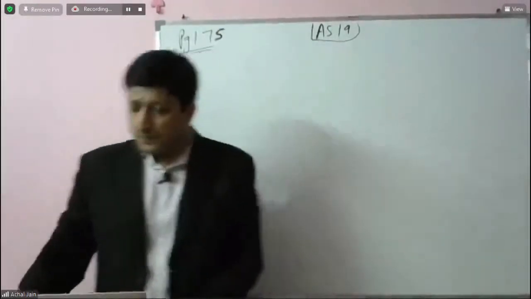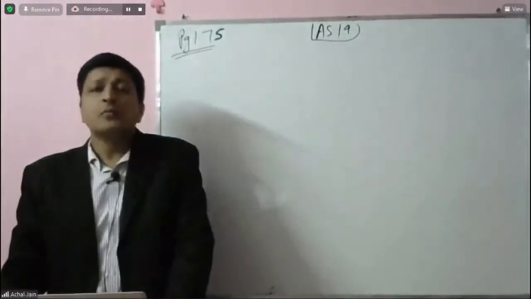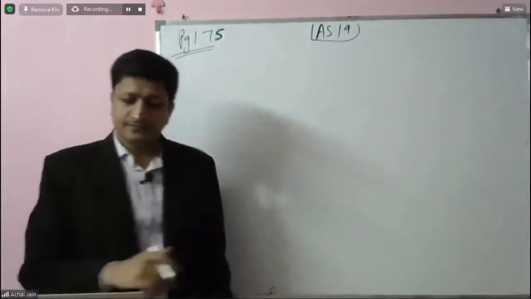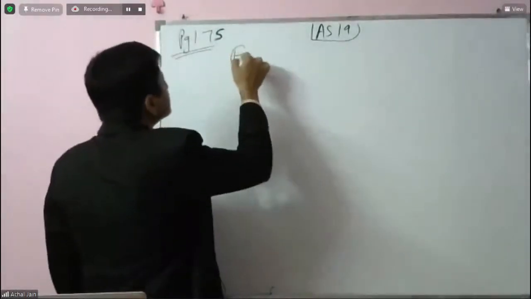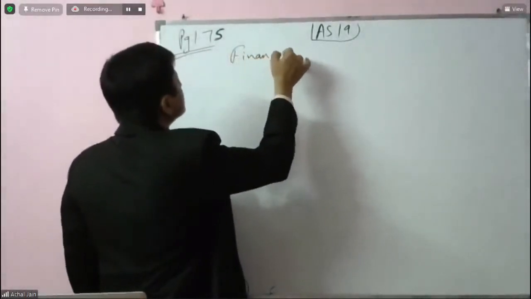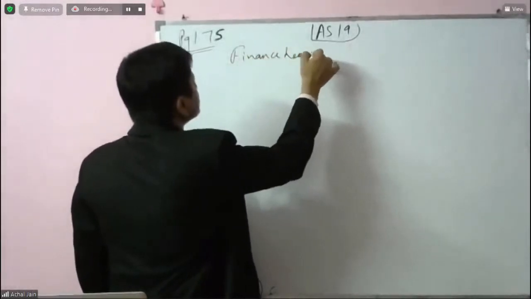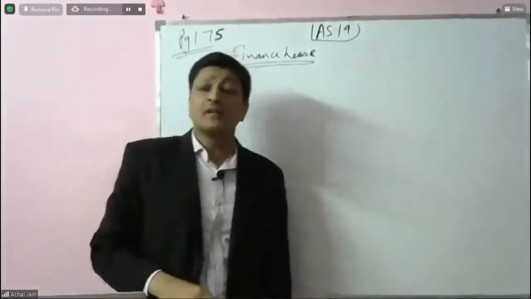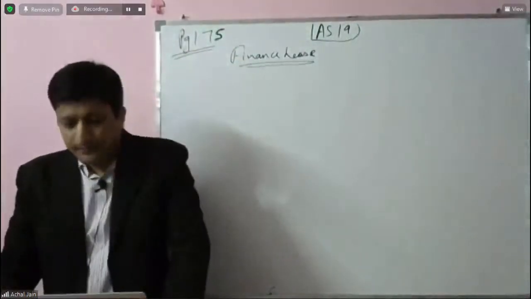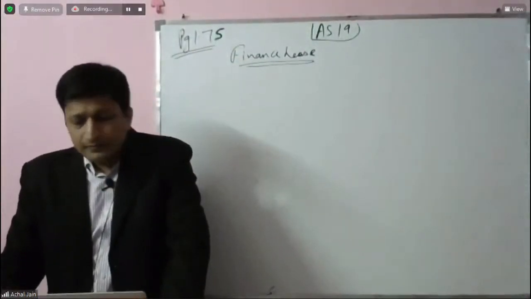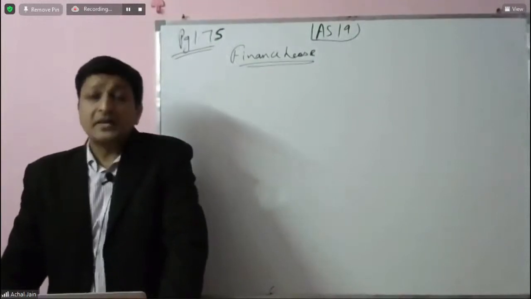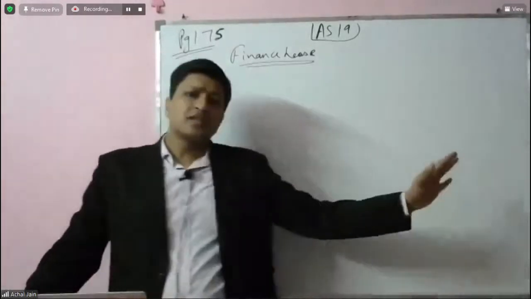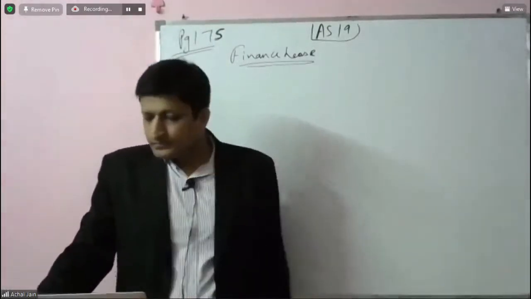Okay, so now we will move on to the accounting requirements under finance lease. So now we will look at the accounting requirements under finance lease. So that means for some time you should forget about operating lease. Now we are not discussing operating lease. Fine.